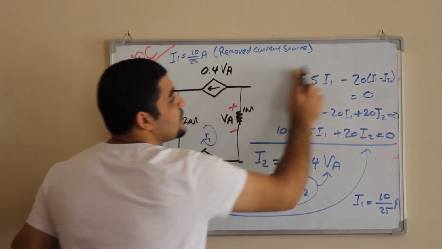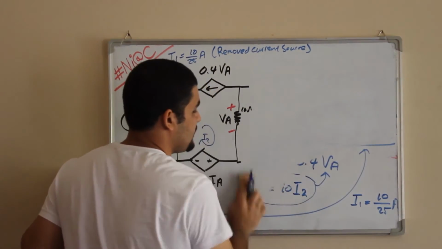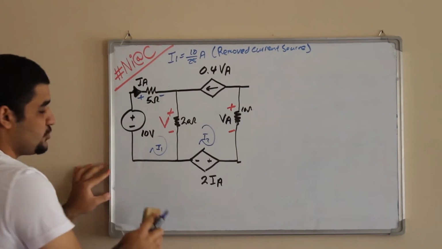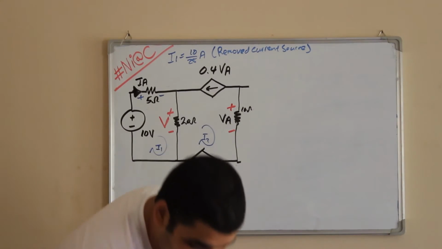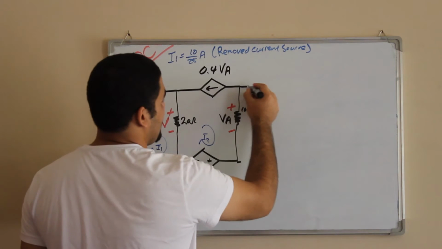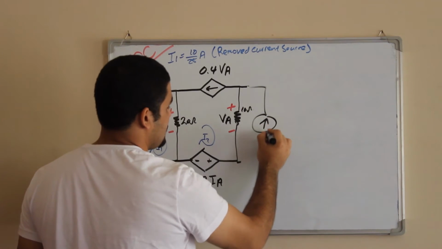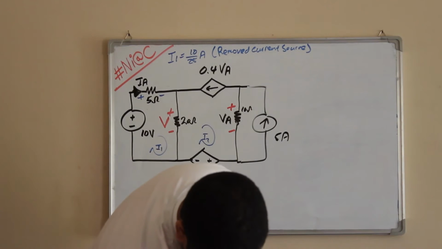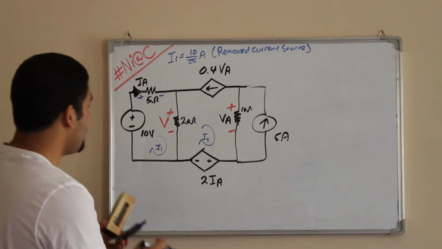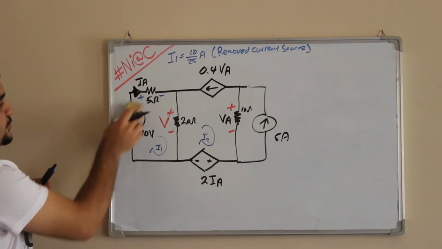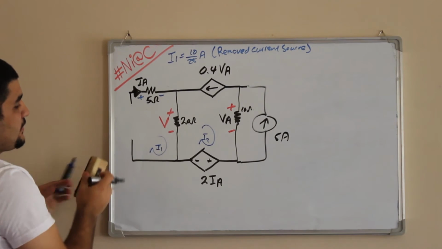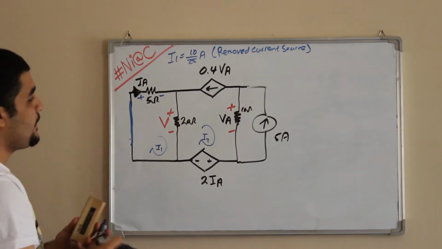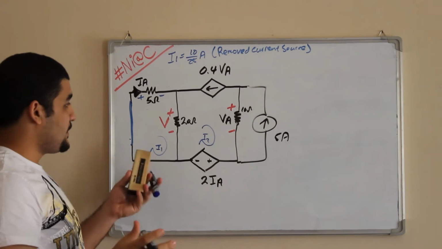Then we move to the second part of the question, which is shorting the voltage source. So this is 5 amps. Now, the voltage source is shorted. Okay, the same as before.